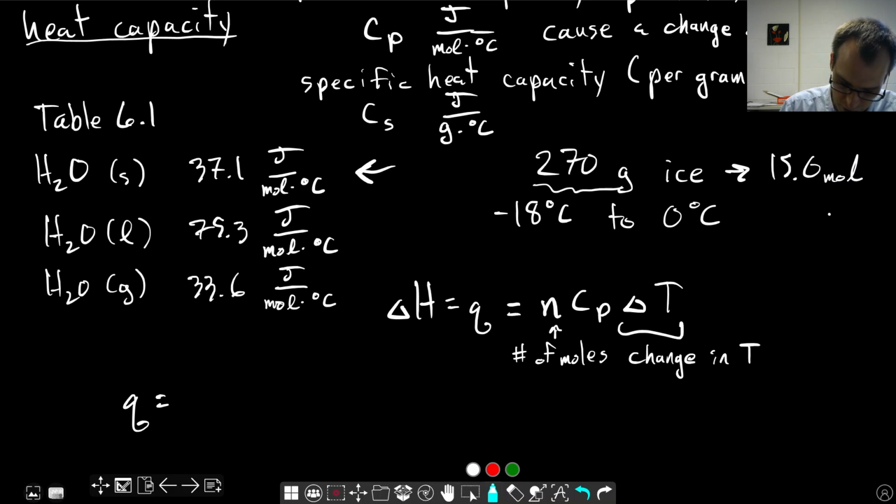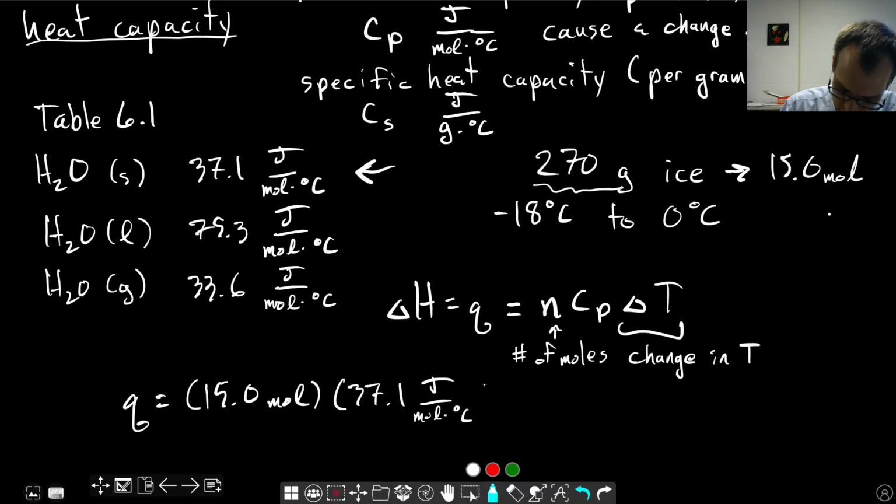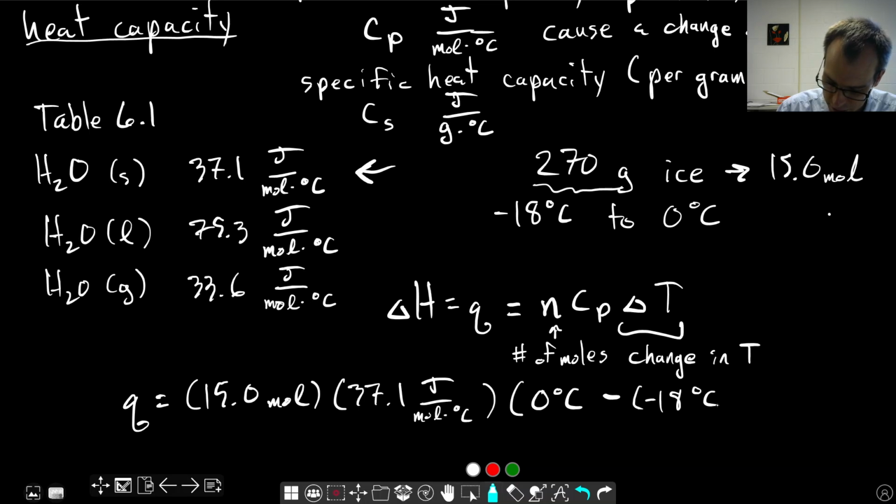So Q is equal to 15.0 moles times 37.1 joules per mole times degrees Celsius. And then our delta T here is T final minus T initial. Our final temperature is 0 degrees Celsius minus our initial temperature of negative 18 degrees Celsius. So we're going to end up with a double negative here, and that ends up being a positive.